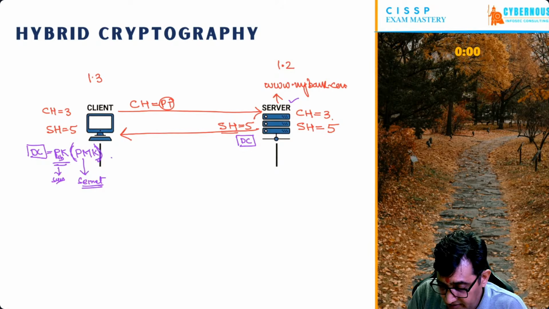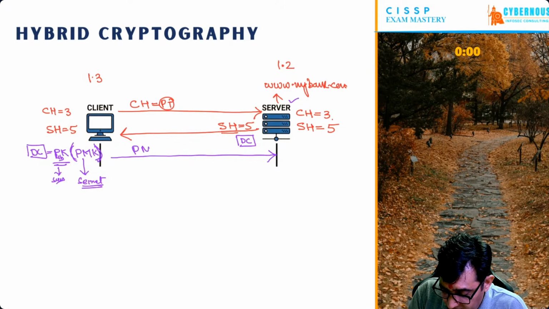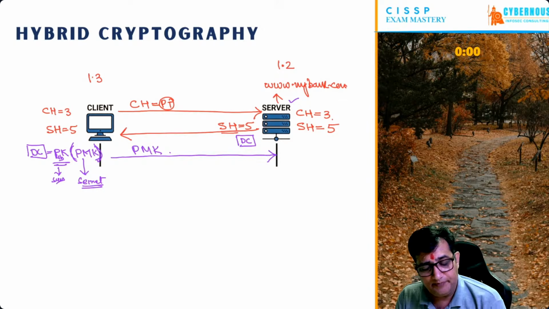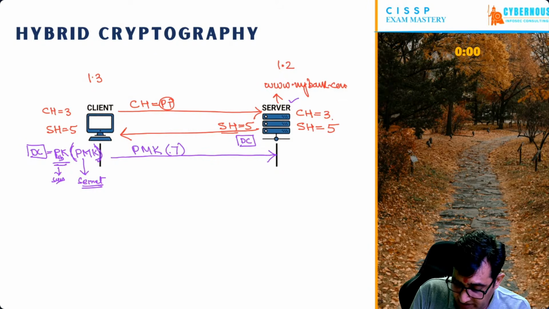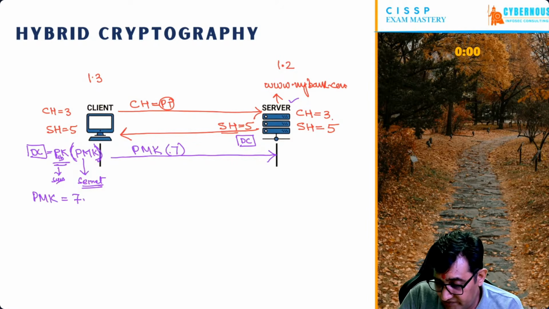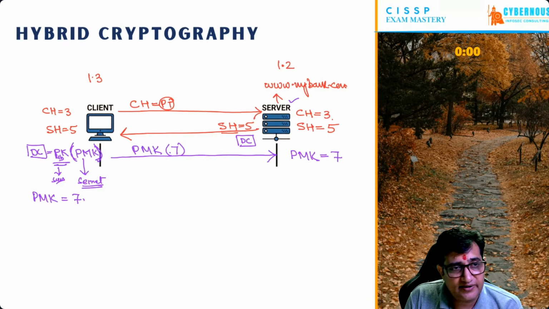Then let's say the client sends this pre-master key to the other party, and let's say in this case it is 7, PMK is equal to 7. Now 7 will reach the other side. The server has its own private key, so it can decrypt the PMK, and then 7 will be here.